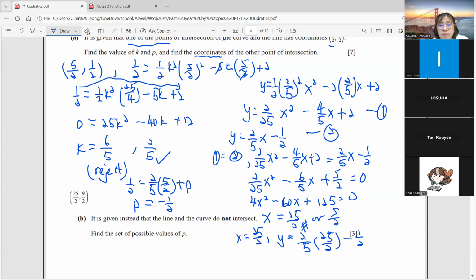Minus half. Okay, so I will get 9 over 2. That's why my final answer is 25 over 2 and 9 over 2. Okay, so this is the final answer.